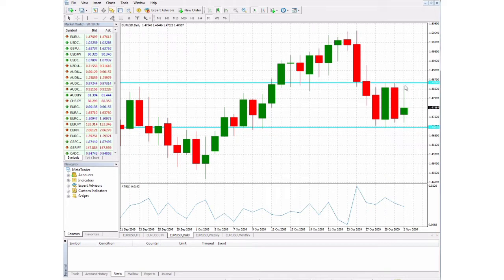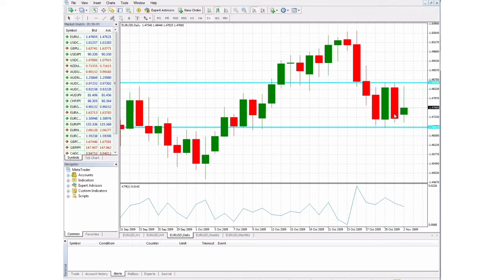If the price moves up above here, we'd look to get long and buy the euro dollar US dollar going upward. If the price breaks down and breaks below this channel that we've defined, then we'd want to sell. In this case, we have more than one type of a breakout trade, right?